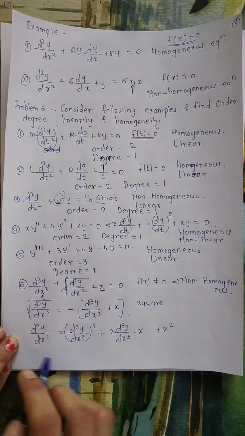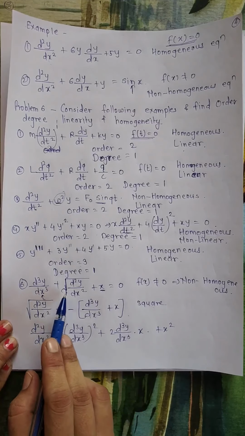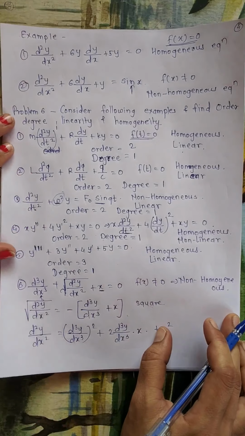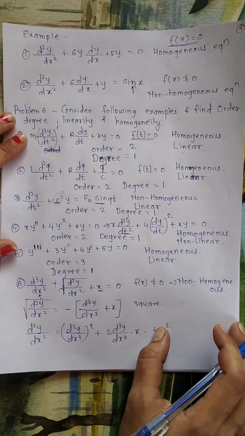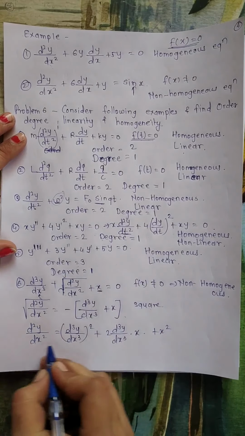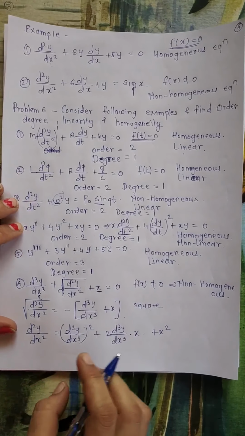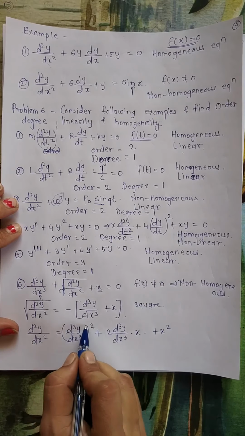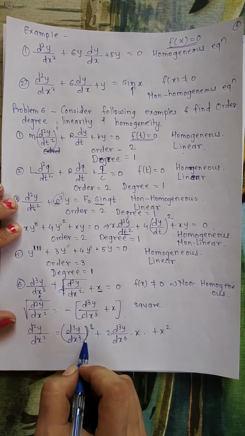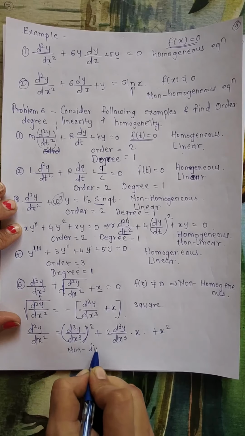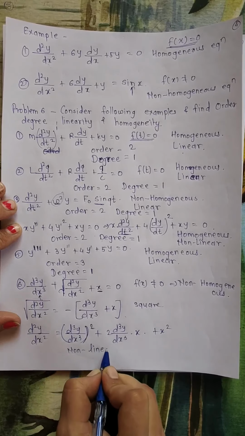Now we have made this equation free from the fractional power; there was a root, which is a fractional power, so we have removed that root. And now if we check for linearity, there is a term which contains a power greater than 1 of the derivative of the dependent variable. This means this is a non-linear differential equation.